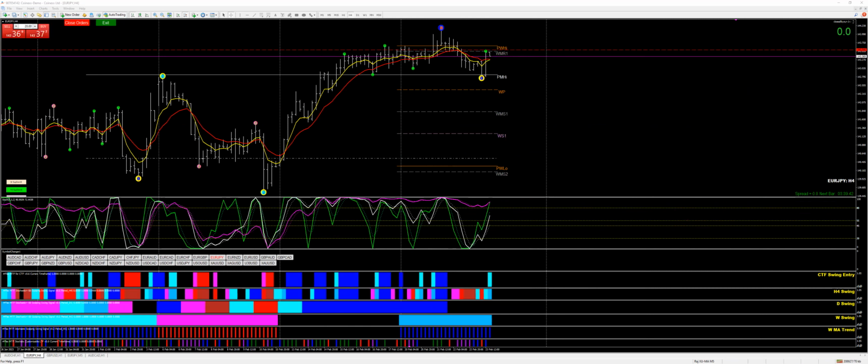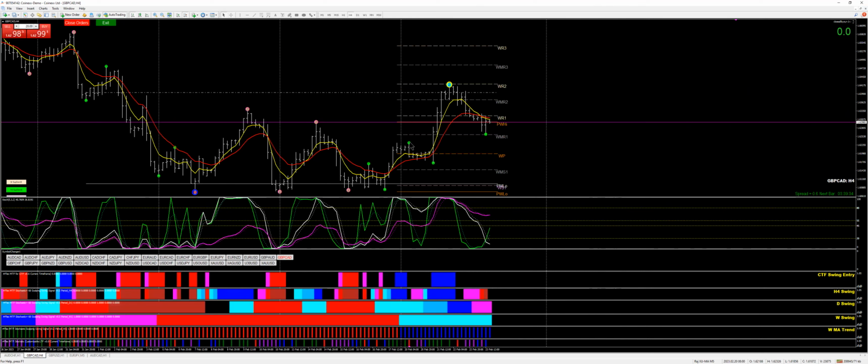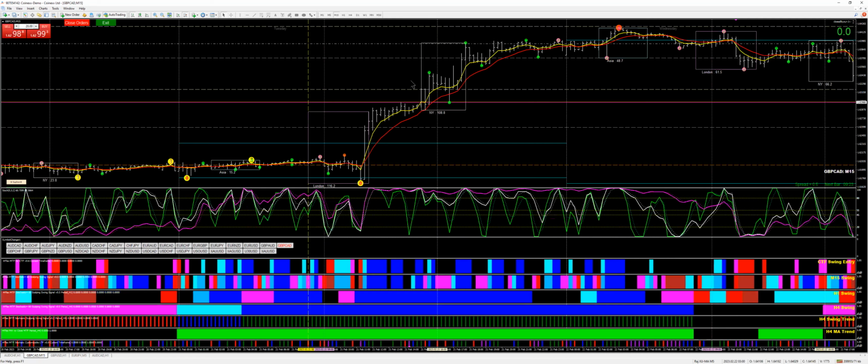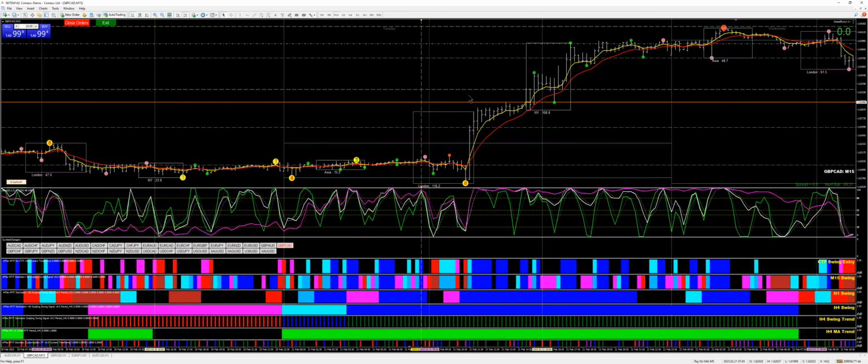Pound CAD. What was the condition on the pound CAD here? Pound CAD, we were waiting for a retrace, right? And just draw the vertical here. Drop it to the 15. The entry is here.